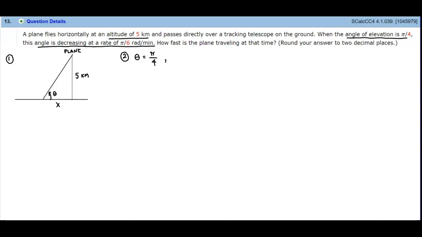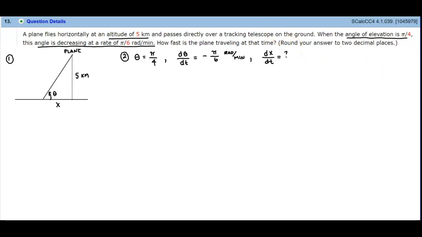So d theta with respect to time equals negative pi over 6 radians per minute. And what we want to look for is dx over dt. So this is what we want to solve.